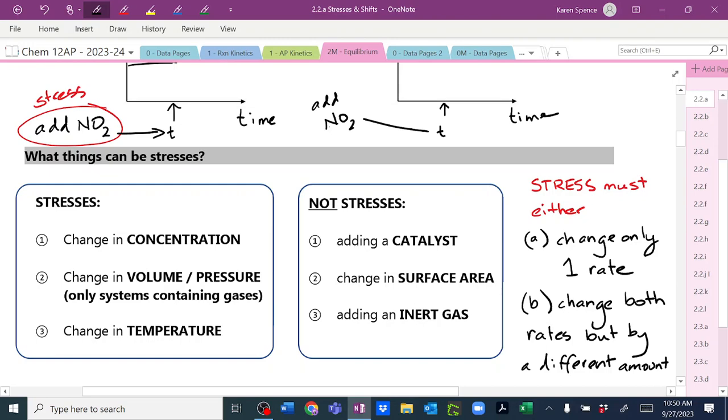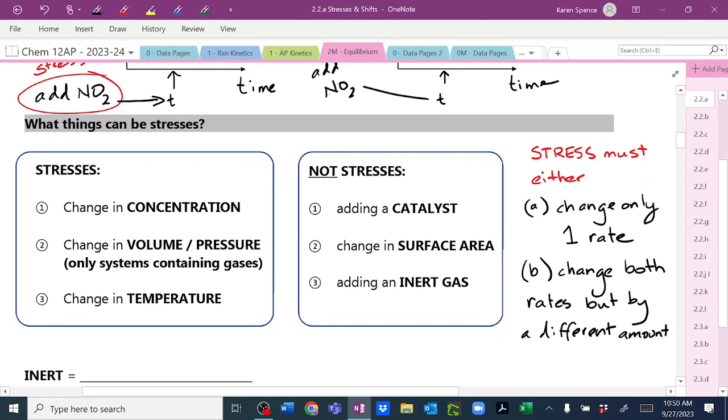So if we change a concentration, that will only affect the rate where that thing is a reactant. Okay, so if I put in a product, it'll affect the reverse rate. If I put in a reactant, it will affect the forward rate. If I take away a product, it will affect the reverse rate. If I take away a reactant, it will affect the forward rate. Is that good? Yes? Don't worry, we'll do examples.